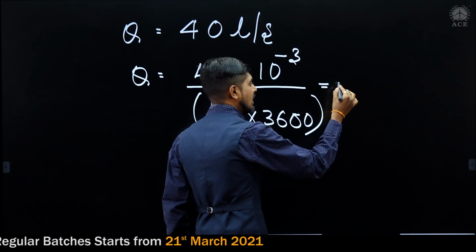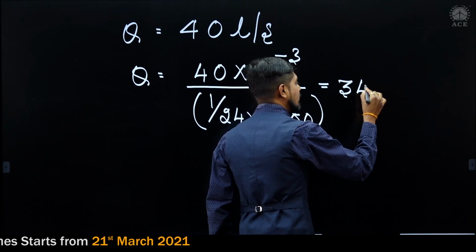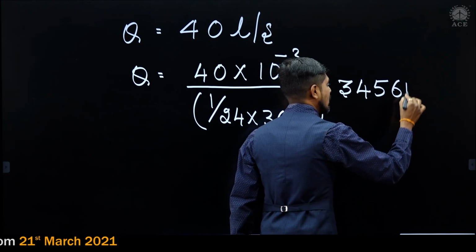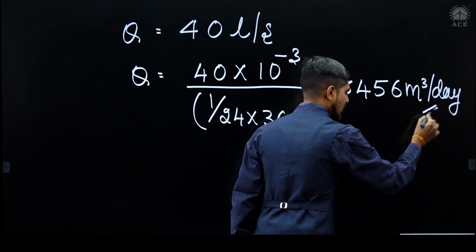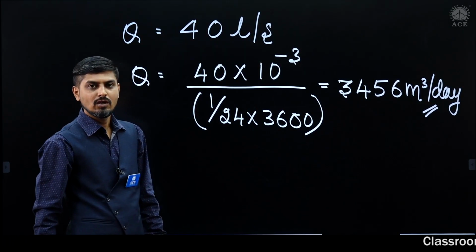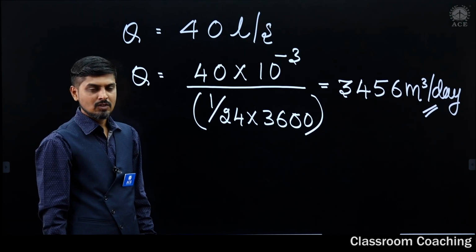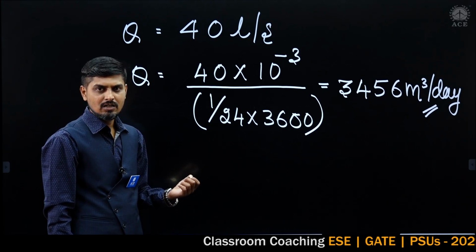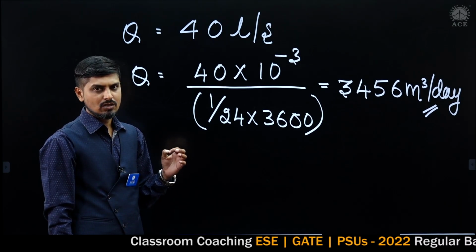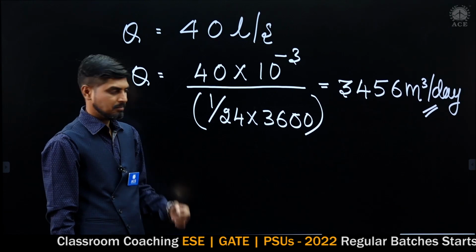Solve this, you will get 3456 meter cube per day. This is the converted value of Q in terms of meter cube per day. Now we know the Q value, and the other remaining data we are having. So now let us find out capital T.